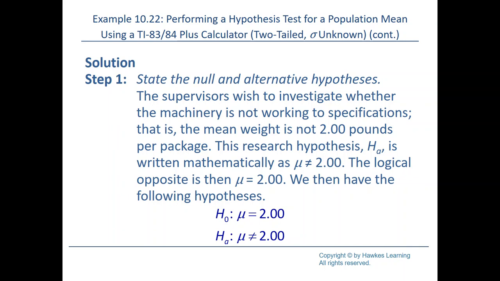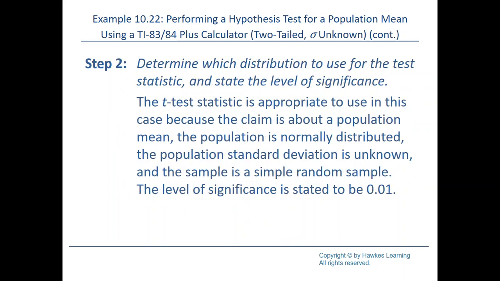I'm not specifying if it's more or less, it's just not 2 pounds. So we're going to say that the mean is not equal to 2, and the logical opposite of that is just going to be equal to 2. So we have our 2 hypotheses there. And again, I'm going to remind myself that now I have to determine what type of testing I'm going to run.